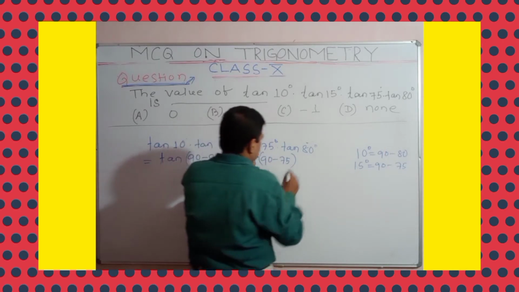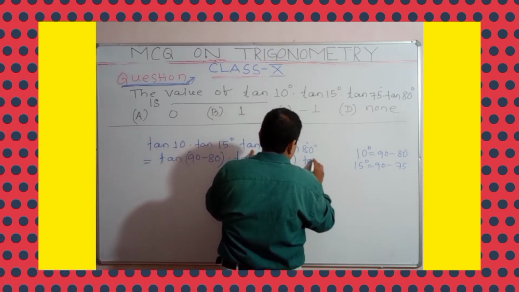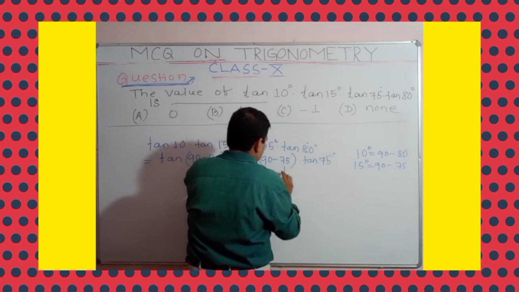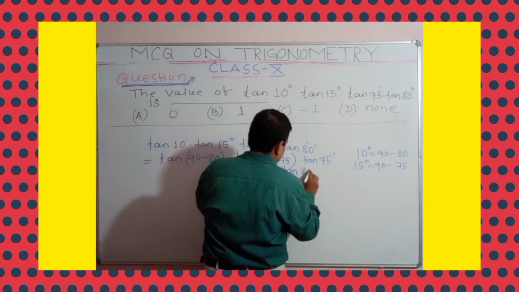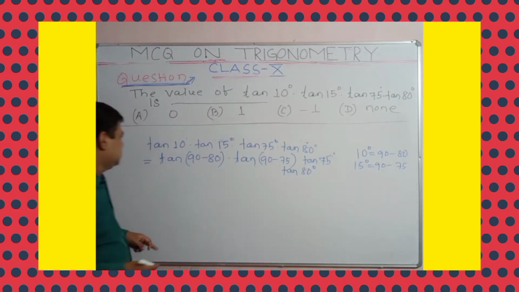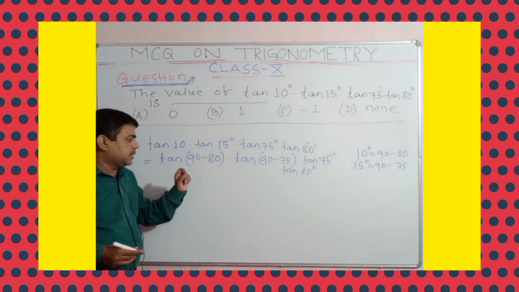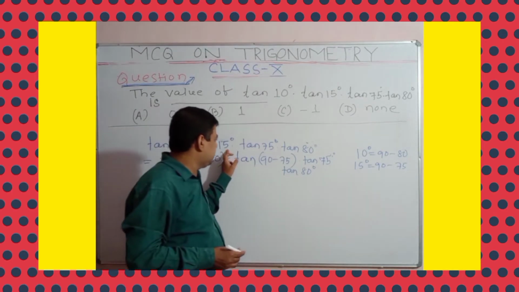Yes or no? Tan 75, write down tan 75, no change, into tan 80 degree. Understand?